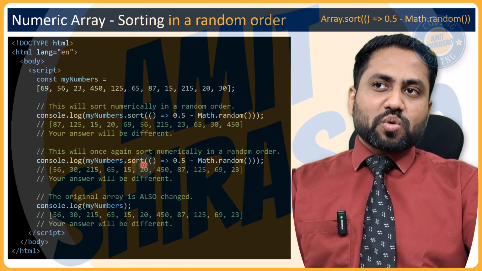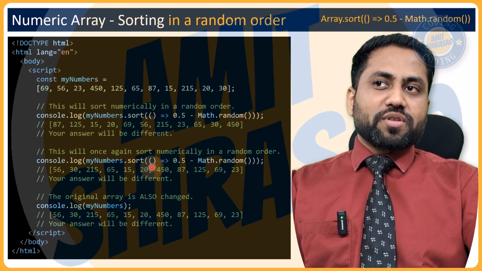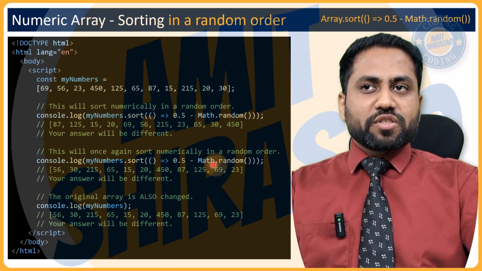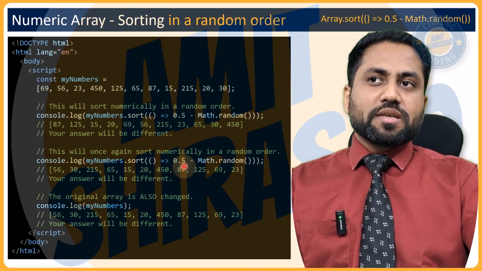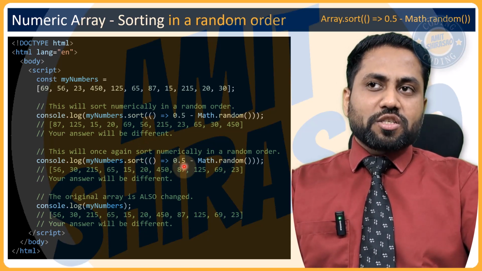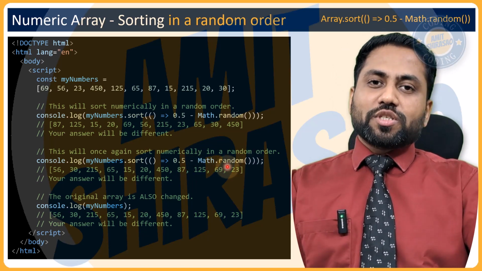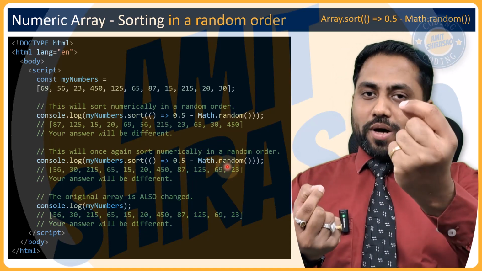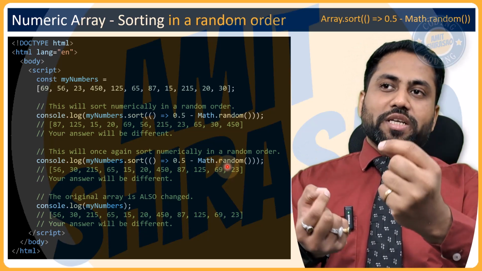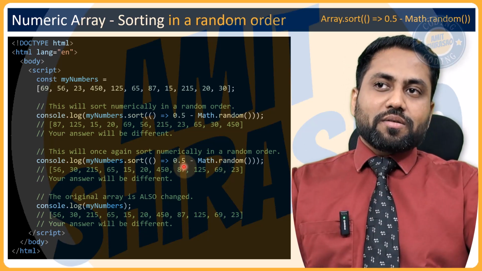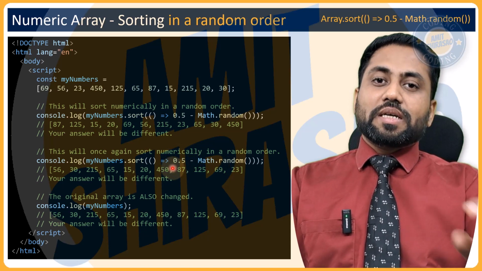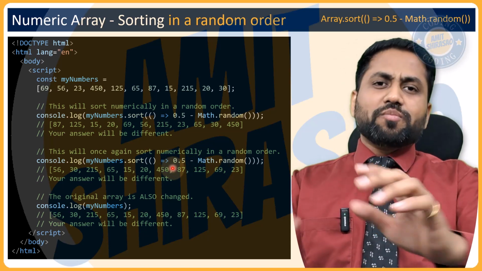Once again, if you say sort, and here the compare function doesn't take anything, but it returns 0.5 minus Math.random. Math.random is going to generate any number between 0 and 1. So it can be lesser than 0.5, or it can be greater than 0.5, or it can even be equal to 0.5.